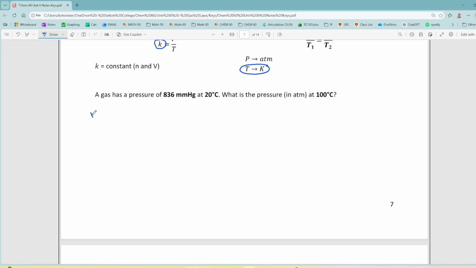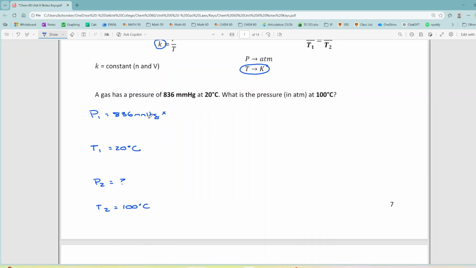So a gas has a P1 of 836 millimeters of mercury at 20 degrees Celsius. What is the pressure in atmospheres when the temperature is 100 degrees Celsius? So we need to do a little bit of converting here.